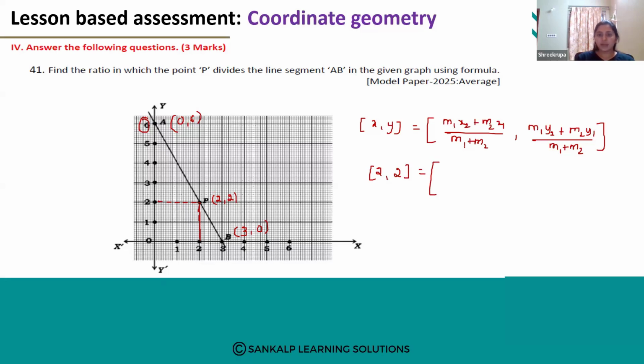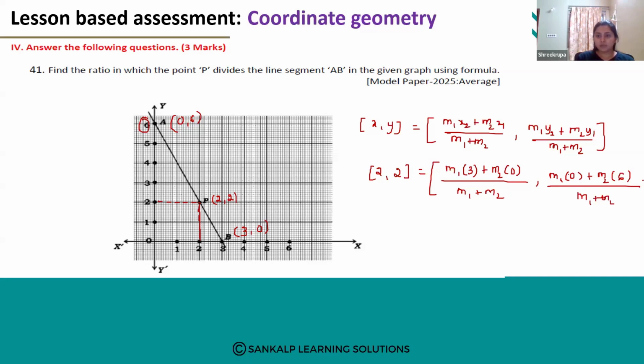M1 value we have to calculate. So let's just write it as M1. X2 is 3 and X1 is 0 divided by M1 plus M2, and M1 Y2 is 0 plus M2 Y1 is 6, correct?